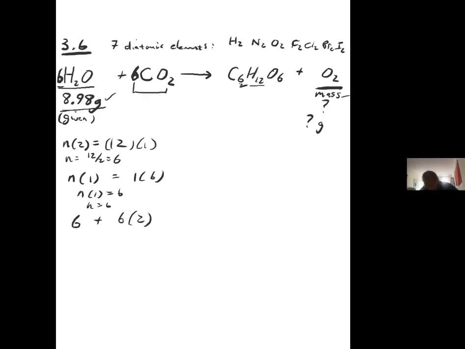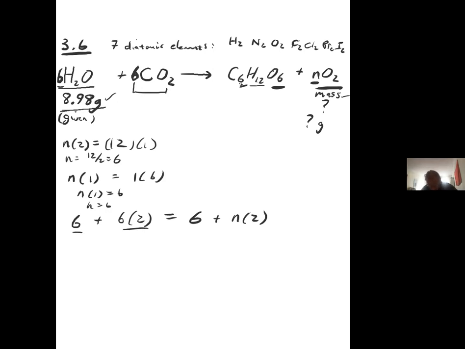So that's the left side. Let's do the product side, the right side. 6 over here, and then this one's going to be n times 2. Why did I put n times 2 over there? Because we want the left side equal to the right side, and we haven't put any numbers there yet. You might actually get the same with n just being 1, but let's figure that out.